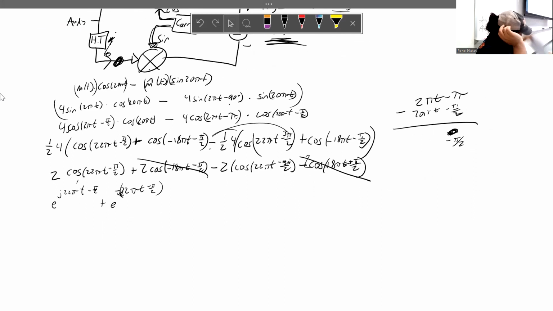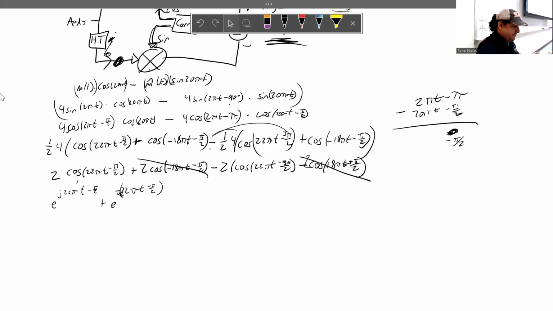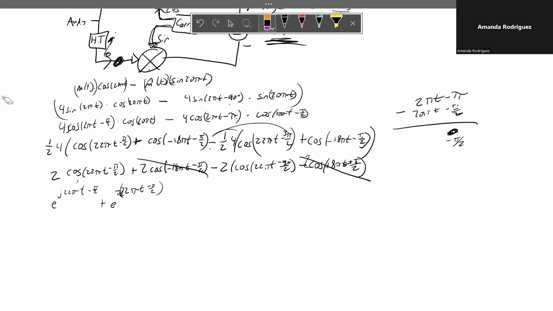How can I do this? For the -2 cosine, the -3 pi/2, how I did that was that's already a pi, so it flips the cosine, so it becomes +2 cosine 22 pi t minus pi/2.